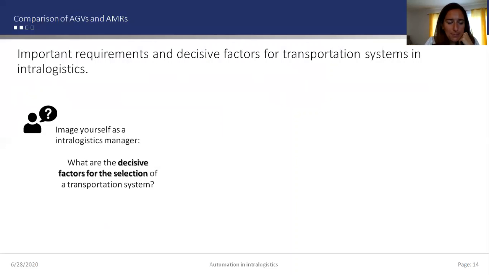Imagine yourself as an intralogistics manager who should renew the fleet that moves material inside your warehouse. You look it up and see there are AGVs and AMRs. What are the decisive factors for selecting either one?